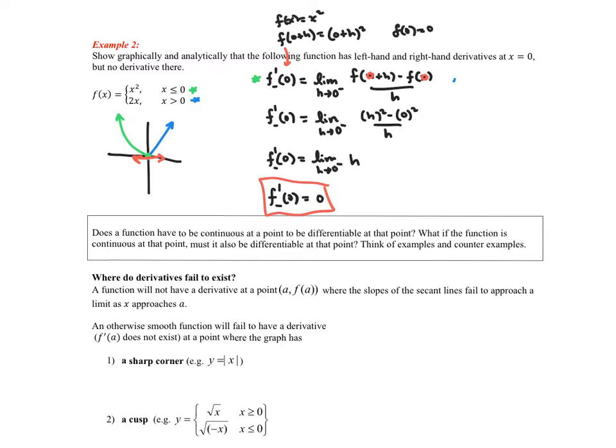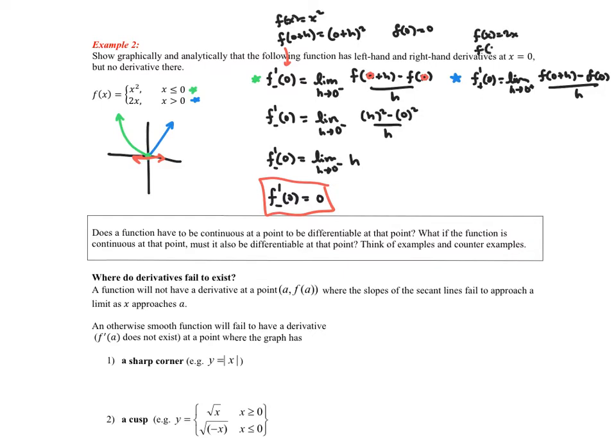Let's look at the slope on the right-hand side. So that'll be f prime coming from the right at 0, which will equal the limit as h approaches 0 from the right of f of 0 plus h minus f of 0 all over h. Now, in this case, f of x is equal to 2x.